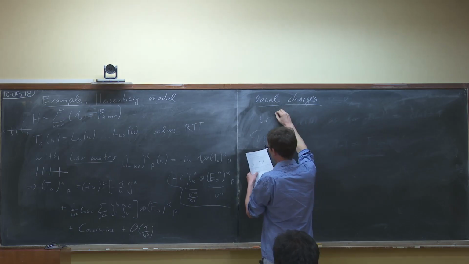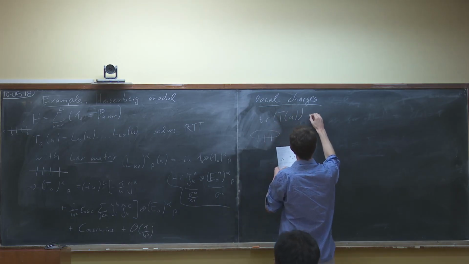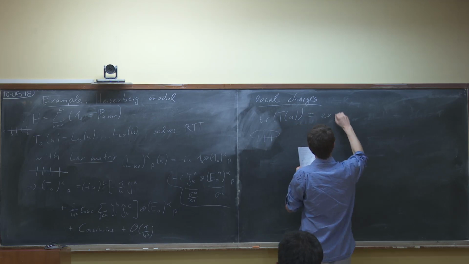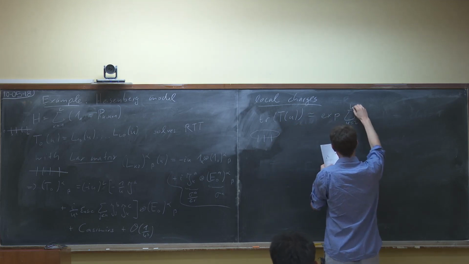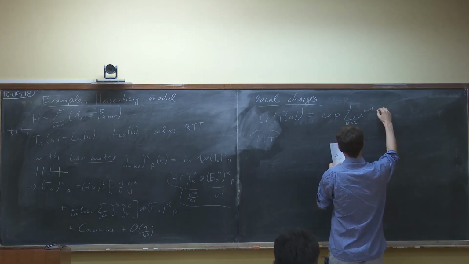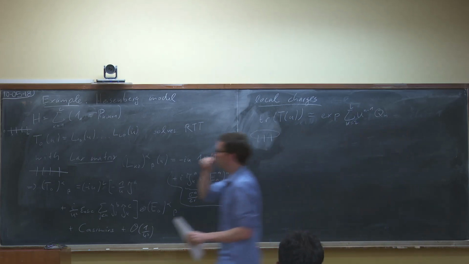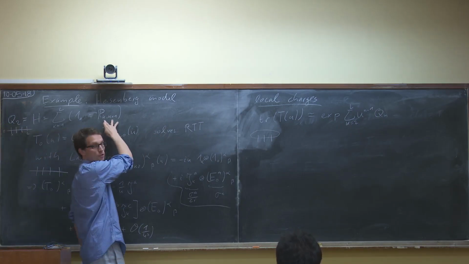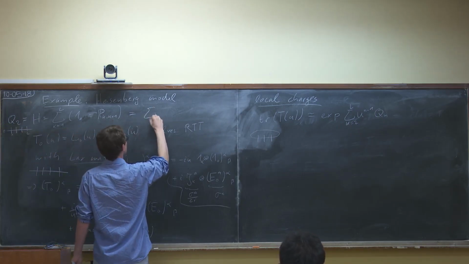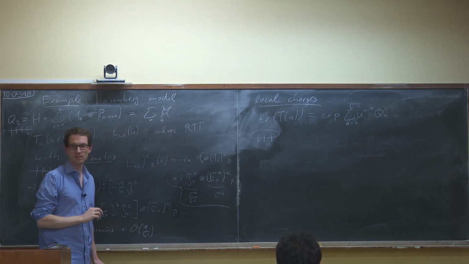So trace of T of u, and this can be written schematically like this: Qn. And in this language, this h here is just q2, and it's q2 because this acts on two neighboring sites. So it's a two-site interaction.